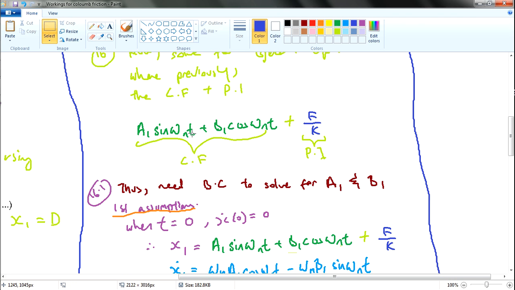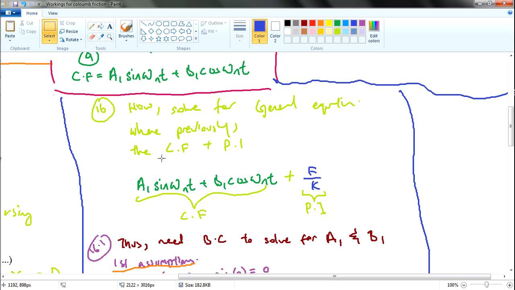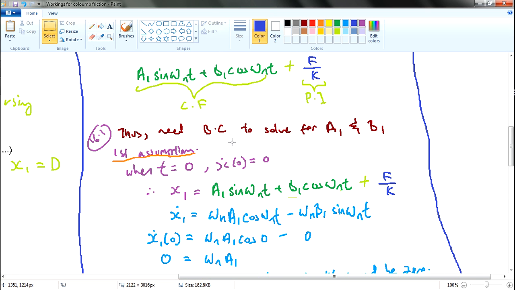So now we have to solve for our a1 and b1 because we want it to be a defined one so that we can continue other steps. Thus we need boundary conditions to solve for a1 and b1.